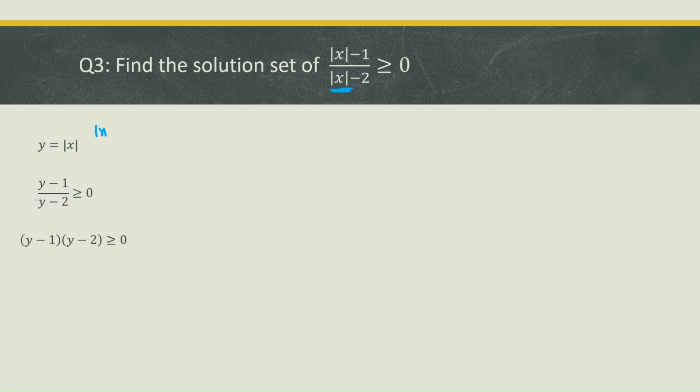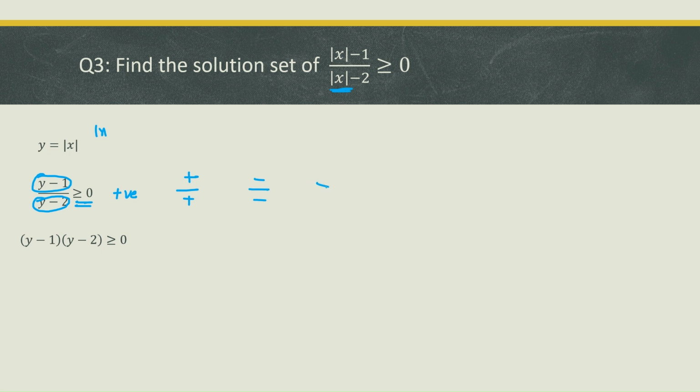Now, if you see it properly, this fraction is greater than or equal to 0, which means a positive number. So that means both the numerator and denominator should be positive, or both should be negative.